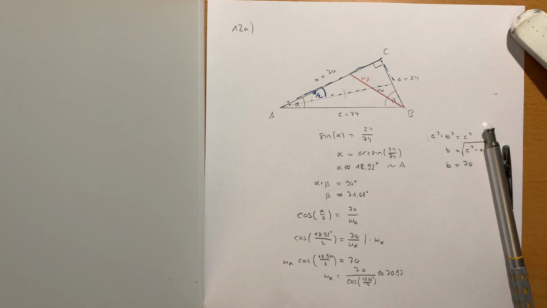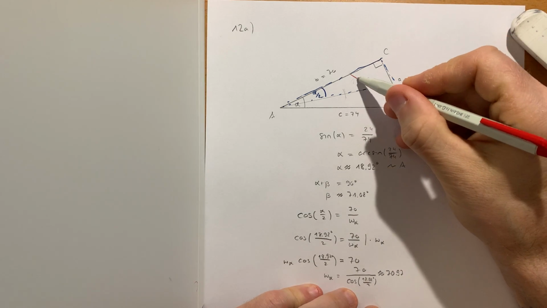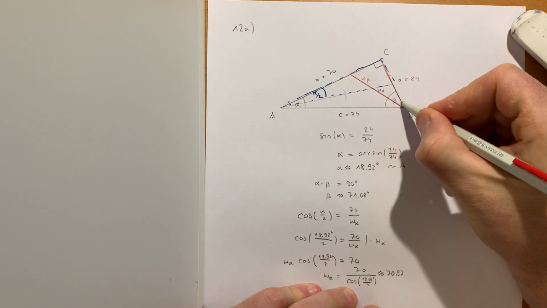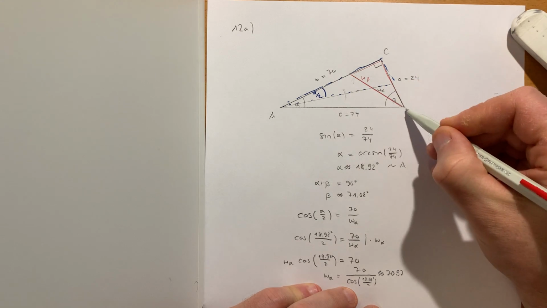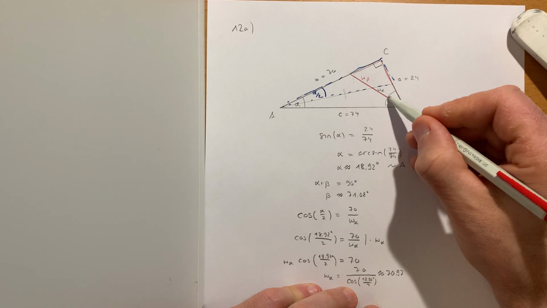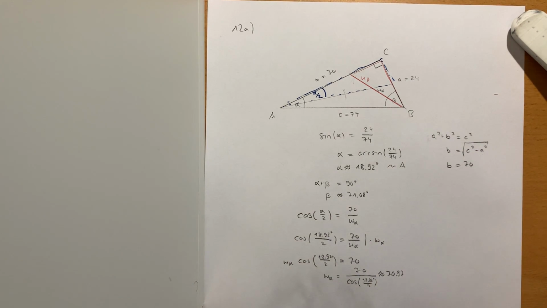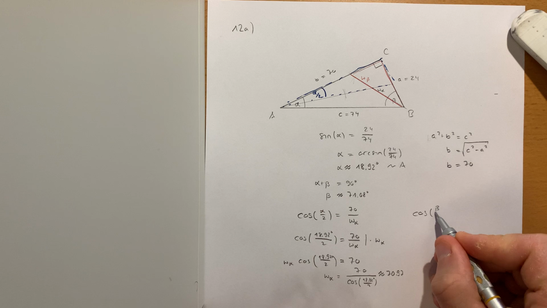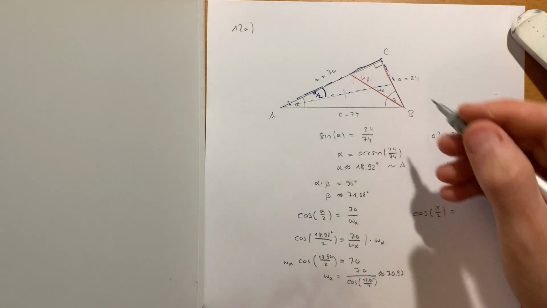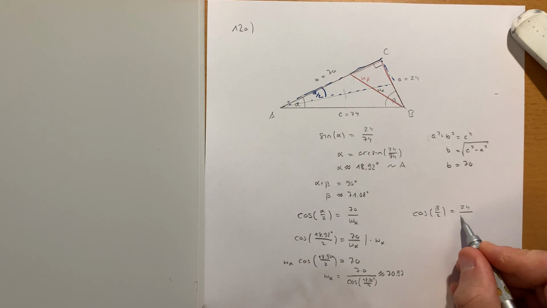So we used this triangle. Now let's do the other one. Here, W beta, because we can work that out too. We know that in this triangle, we have a right angle. We know the adjacent side. We don't know the hypotenuse, which is W beta, but we do know beta halves because we know beta. So let's do the same thing. Cosine of beta halves is adjacent, so 24 in the red triangle, over the hypotenuse W beta.